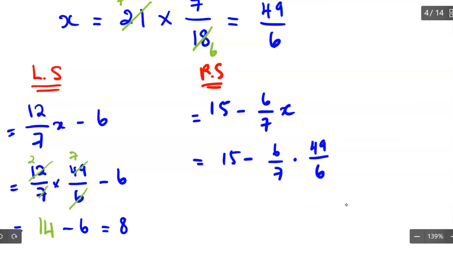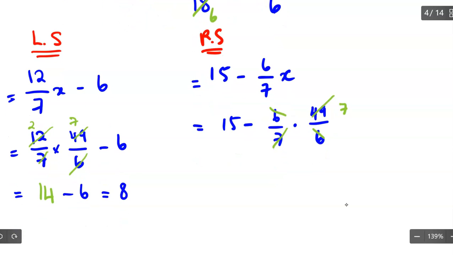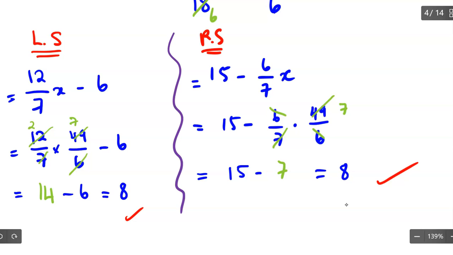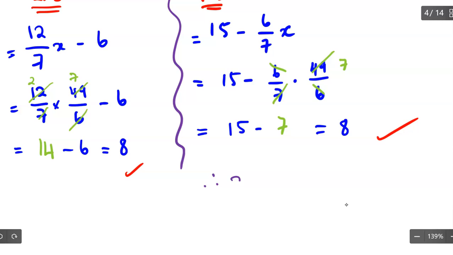You see that cancels with that, and 49 with this will give me 7. So I will have 15 subtract 7, and it's equal to 8. You see? So the left-hand side equals the right-hand side. That means we conclude that x is equal to 49 over 6.